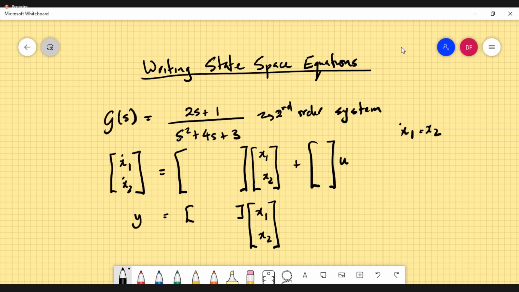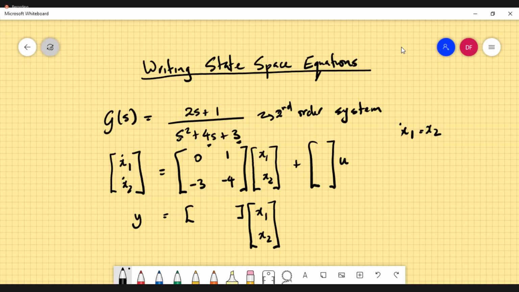When we're writing this, we would write 0 and 1 as a standard, and for the denominator, we have 4 for the s and 3 for the constant, so we would write -3 and -4.